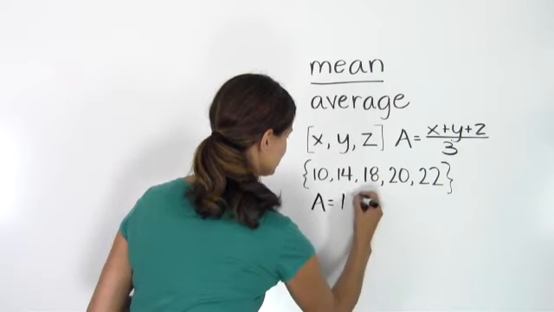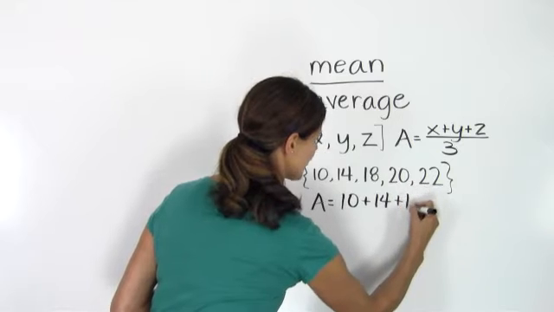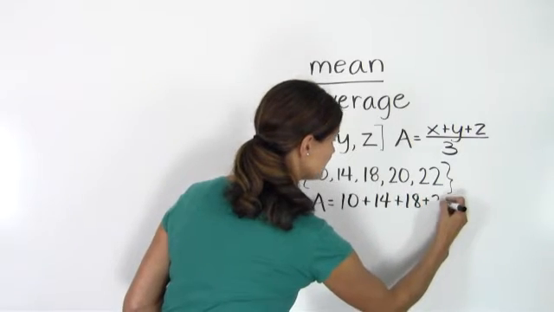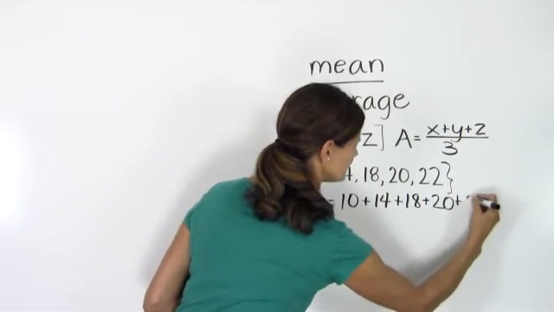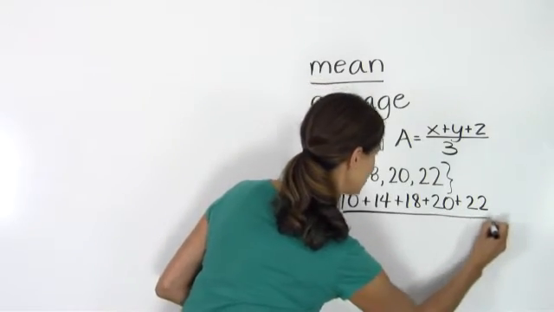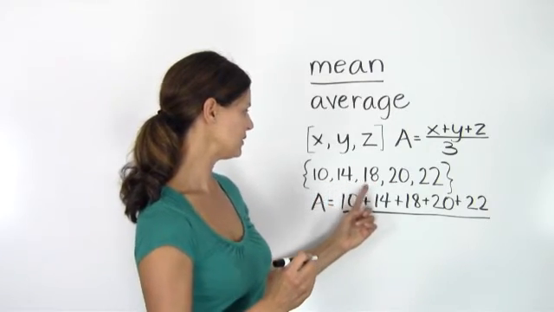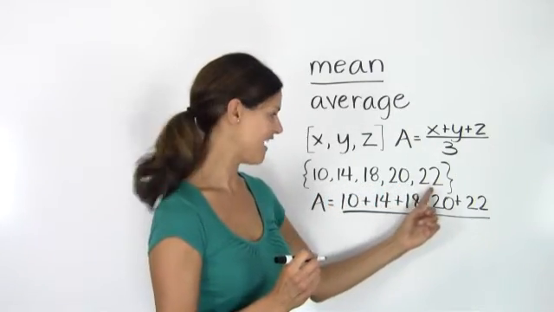So I add together 10 plus 14 plus 18 plus 20 plus 22, and I divide by the number of values in my set: 1, 2, 3, 4, 5.